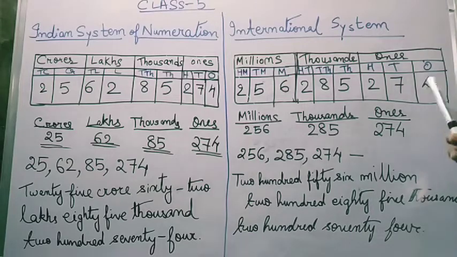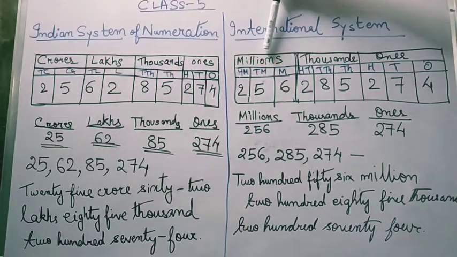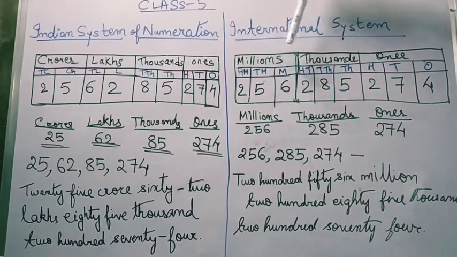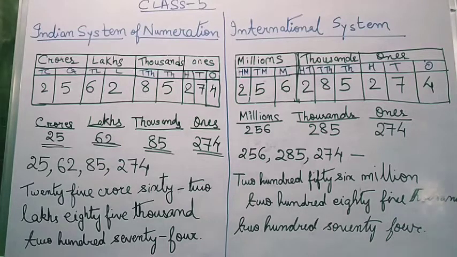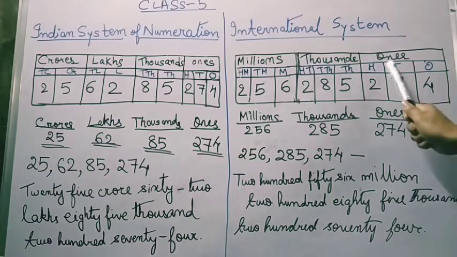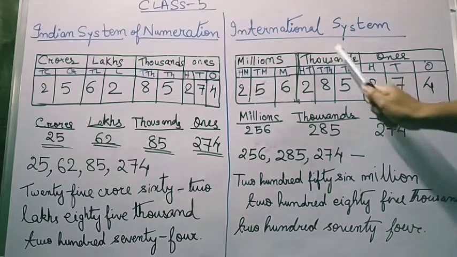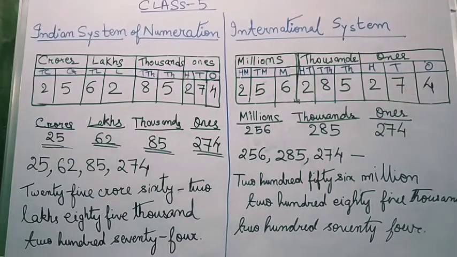Pay attention here. And after 1,000, what comes? Millions. Yes. Million, 10 million, 100 million. So, what happens in international system? The place values are 3 digits in each period. In each period, ones, thousand, million, 3 digits will be there.